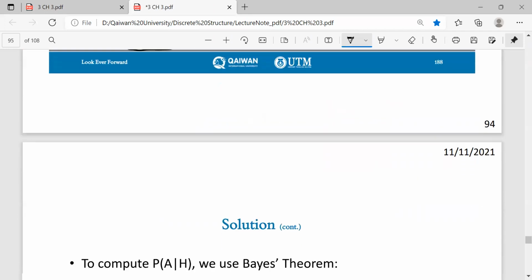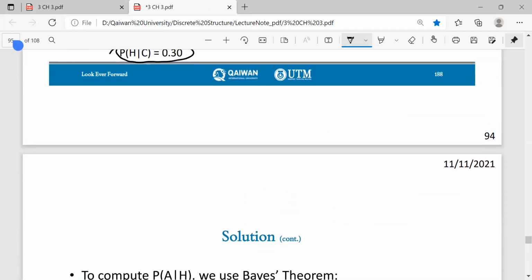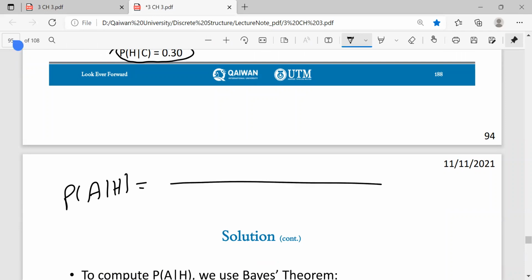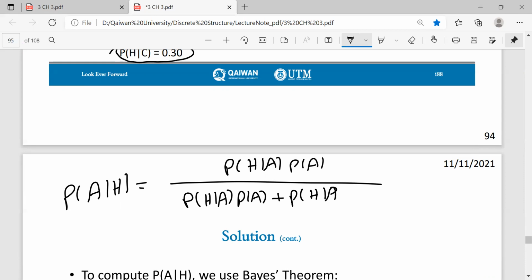We say the probability of A given H is the probability of H given A times the probability of A, divided by the probability of H given A times the probability of A, plus the probability of H given B times the probability of B, plus the probability of H given C times the probability of C.